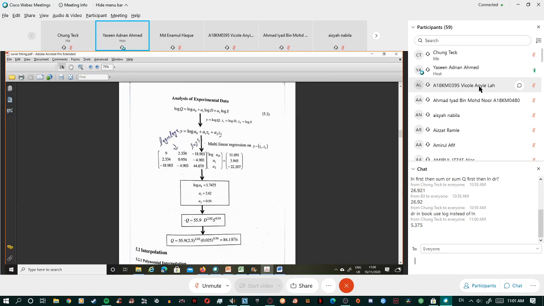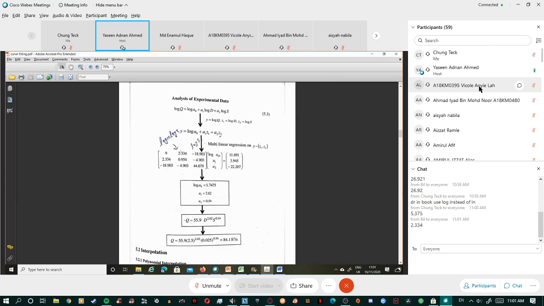Log 10 base log. It's not matching. I think they consider log. Can you consider log and then try to match this value? Oh, they use log.